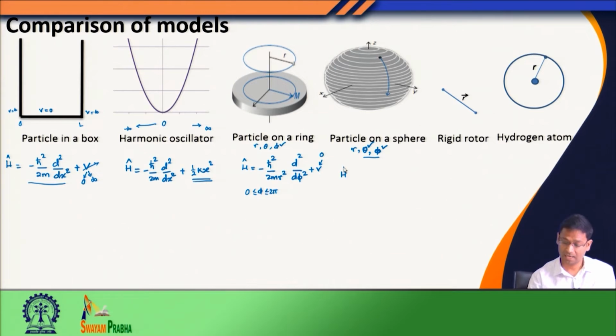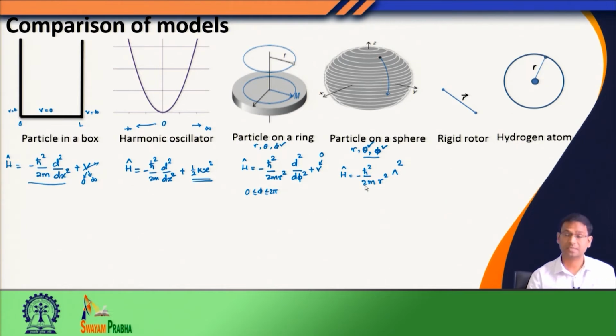In this case, the Hamiltonian turns out to be, again I could write, minus h bar square by 2 m, then the Laplacian, which is d square by dx square plus d square by dy square plus d square by dz square in Cartesian coordinates, but we have replaced it with spherical coordinates. In spherical coordinates, when my r is constant, the Laplacian is simply the Legendrian divided by r square.